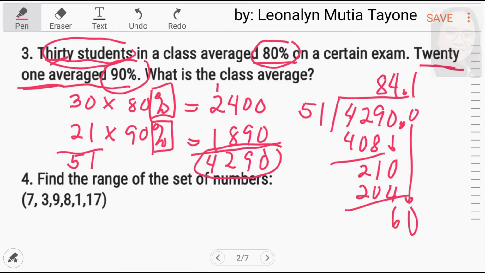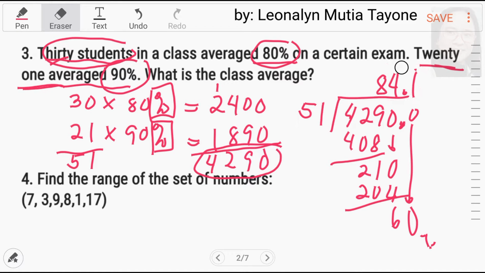Just in case, sa choices, isa lang yung 84, so no need ka nang mag-continue dito. Or, isa lang yung 84.1. Sakaling 84 siya lahat, tapos yung mga points lang ang nagkaiba, may 0.1, 0.2, 0.3, so ang next dito ay i-continue mo lang siya.